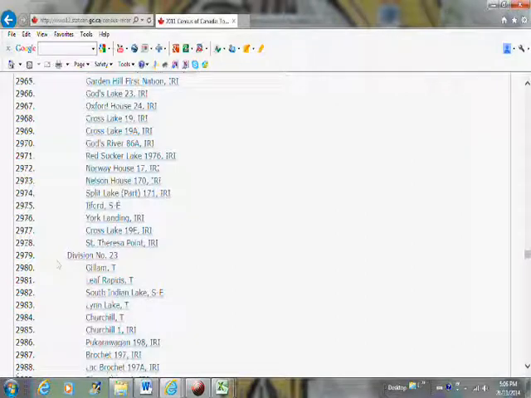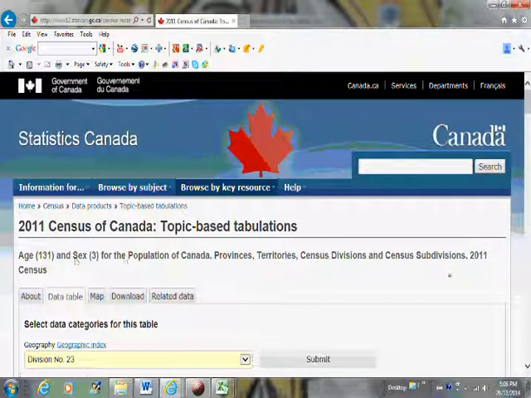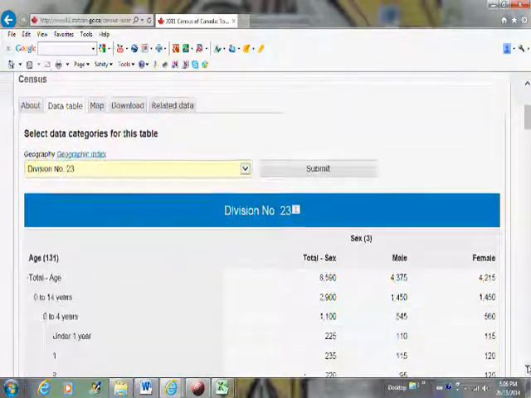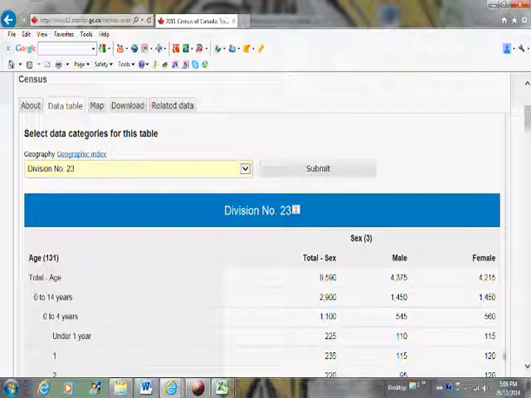So here we go. Division number 23, which is a census division, and if I remember correctly, the population is getting up towards 10,000, yeah, so 8,500 or so, and this is much more doable. You can actually see things going on quite well with this size of population.